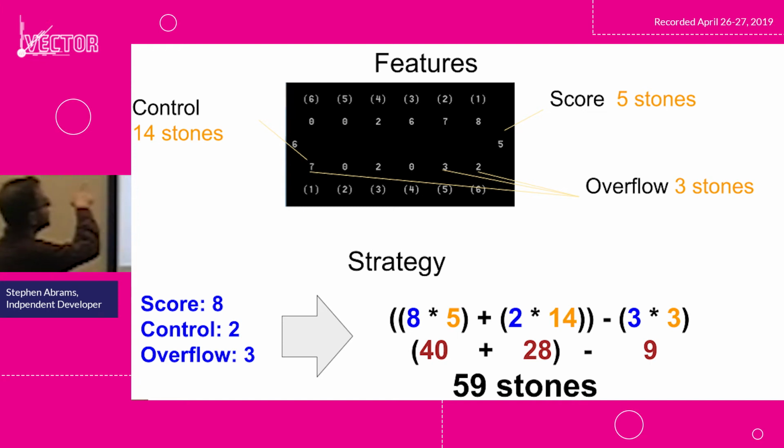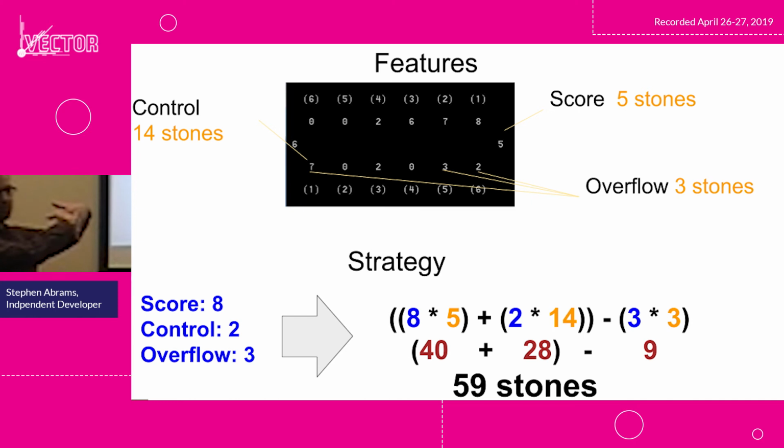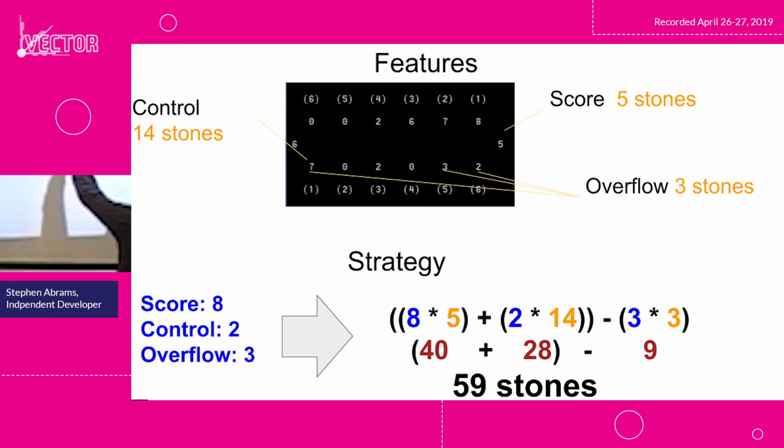The other one is control. That's another feature I added here. I think if I were to do this again, I wouldn't, because control kind of overlaps with overflow, right? But here's how it works. Score, obviously. In this case, assuming that I control the bottom row, my score is 5 stones.